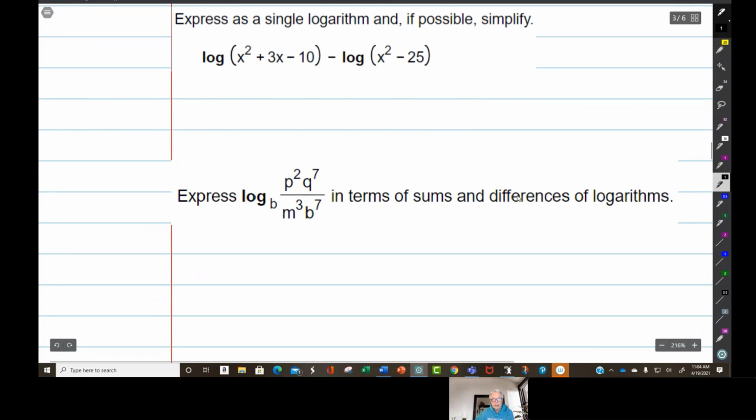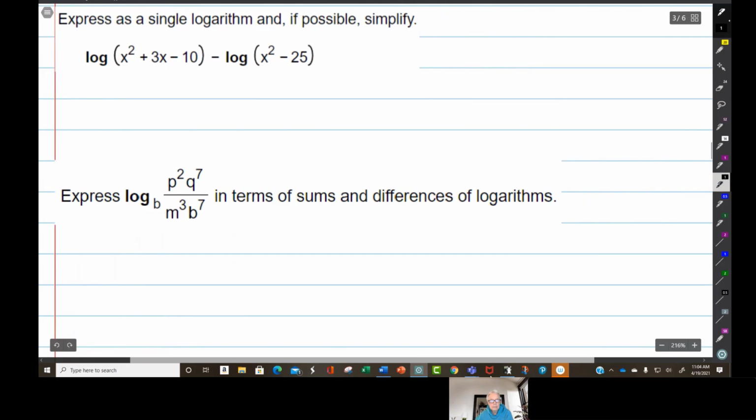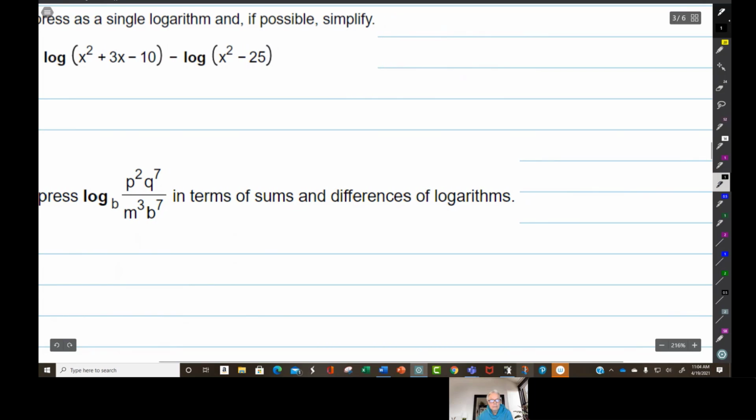Now is where we put it all together. We have log here, base 10, understood.